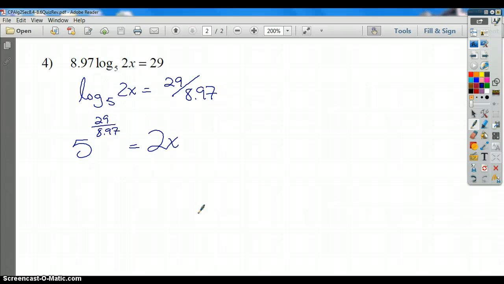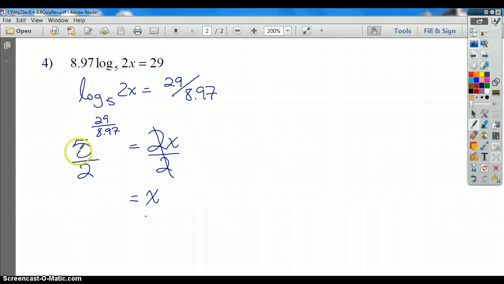It is impossible for me, again, to write my bases as the same number. I can't write this in terms of 2, and the x also makes it a problem. So, at this point, I am going to figure out what this guy is, and then I'm just going to divide it by 2. X isn't in the exponent, so what I'm going to do is basically divide by 2.